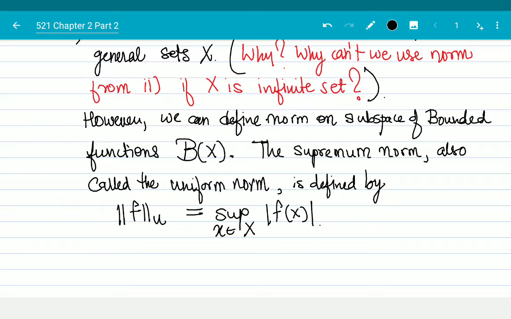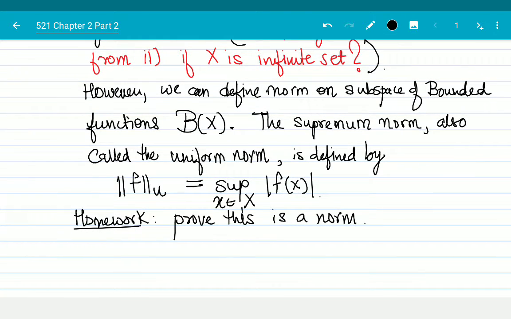Okay? Homework. Prove this is a norm. That is, you want to show that it satisfies all the properties of a norm. Okay?